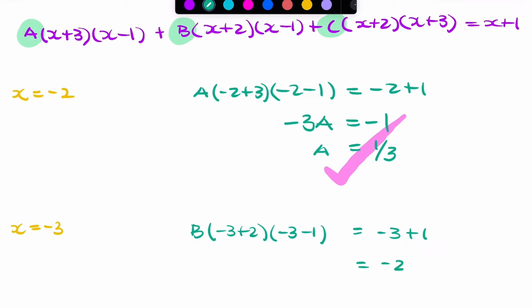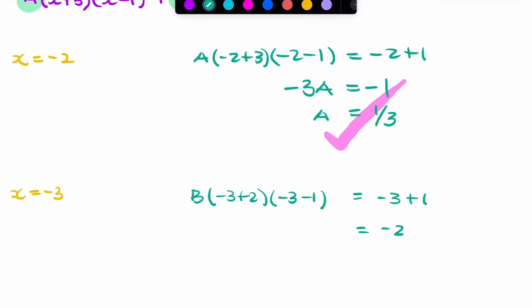So negative 3 plus 2 is negative 1, times negative 4. So I have 4b equals negative 2. So b equals minus 1 over 2. So that's my second constant.